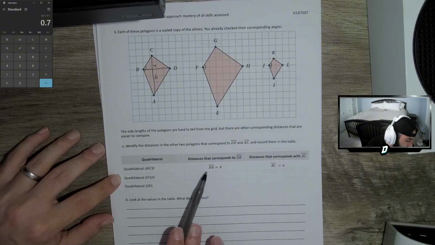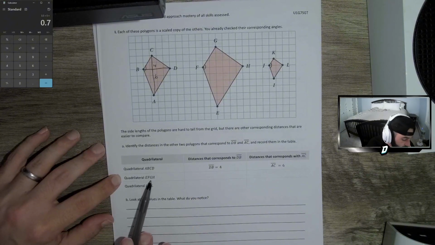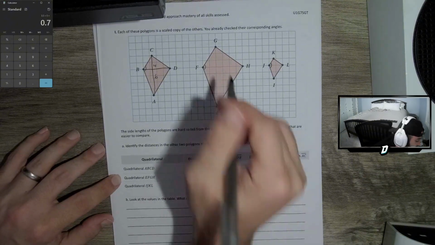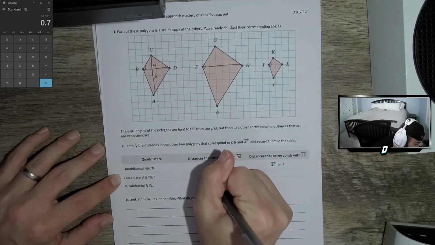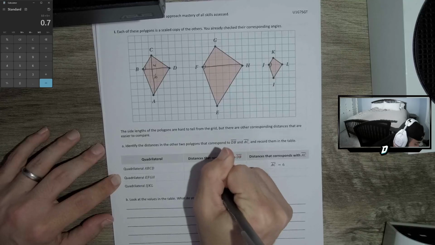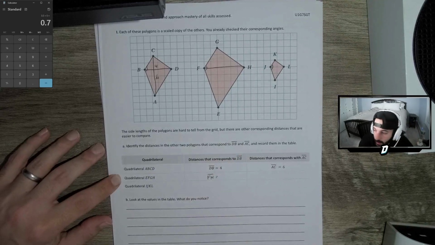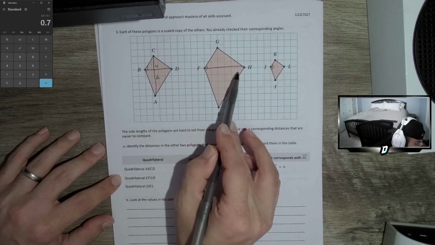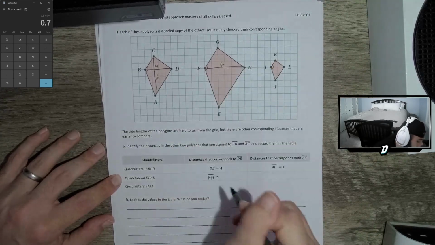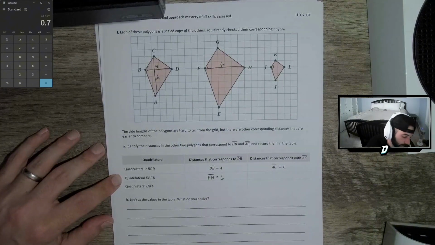Corresponding to DB on quadrilateral EFGH would be our next horizontal line here. So this would be segment FH. And the measurement for FH is going to be 1, 2, 3, 4, 5, 6. And so we can say FH is 6 units long.